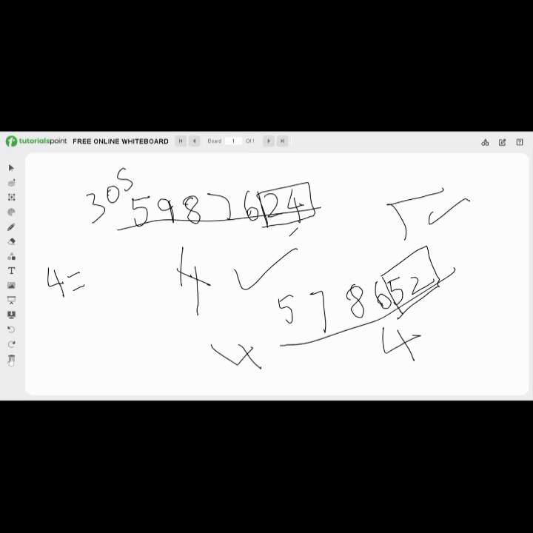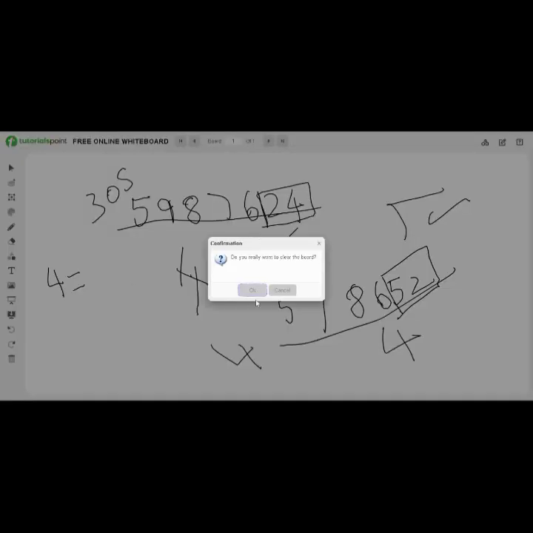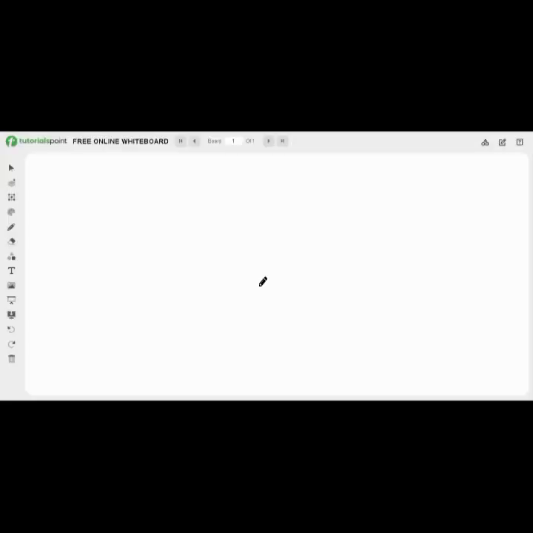Now let's see the divisibility rule for 5. The divisibility rule for 5 is very, very simple. Just take a number, for example 2950, and check if the number at the ones place is 0 or 5.